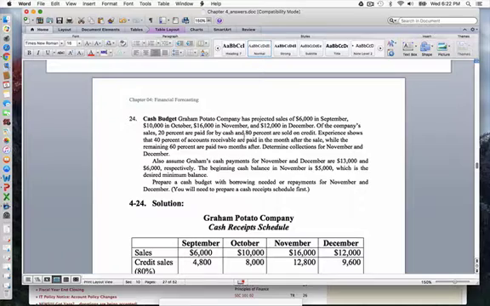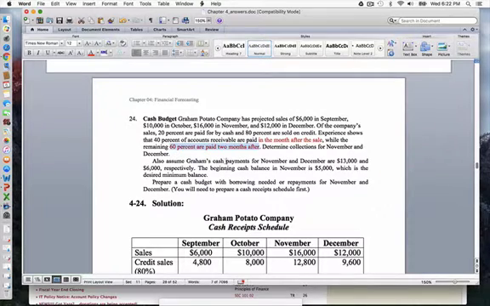Of this 80% in accounts receivable, 40% is collected in the month after the sale, and then the remaining credit sales are collected 2 months after. So we have to keep track of all of those. Determine collections for November and December. That's going to be for cash receipts.